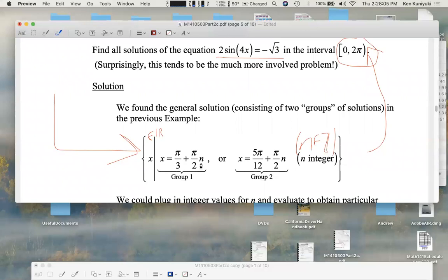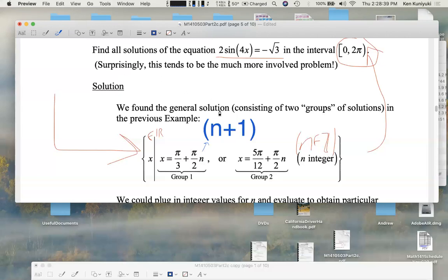But instead of plugging in n equals 1, n equals 2, and so forth, which you could do, here's the idea. Let's say that we increase the value of n by 1. So we go from n to the quantity n plus 1. Now, if we substitute n plus 1 for n over here, what happens? The pi over 2 can distribute through this, and we get pi over 2n plus pi over 2.